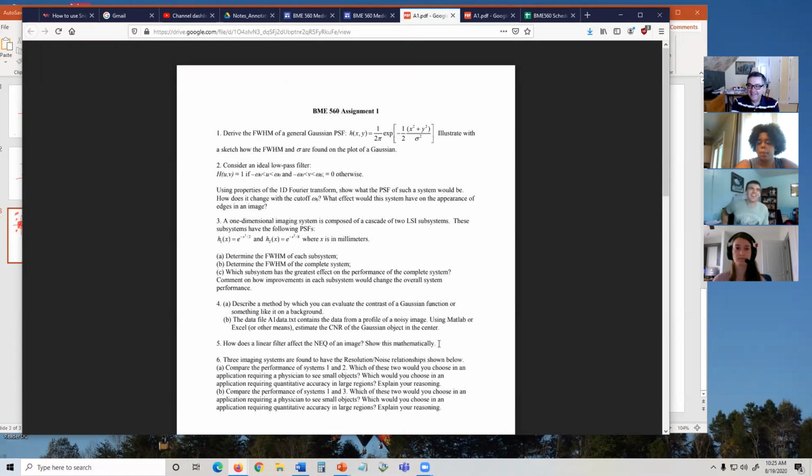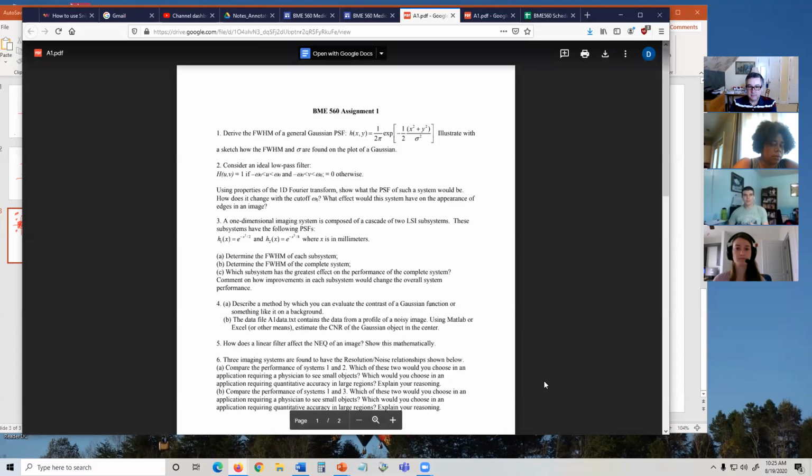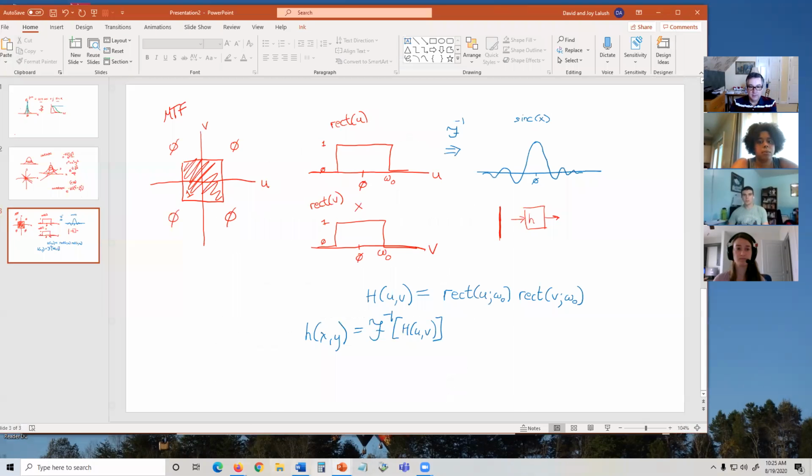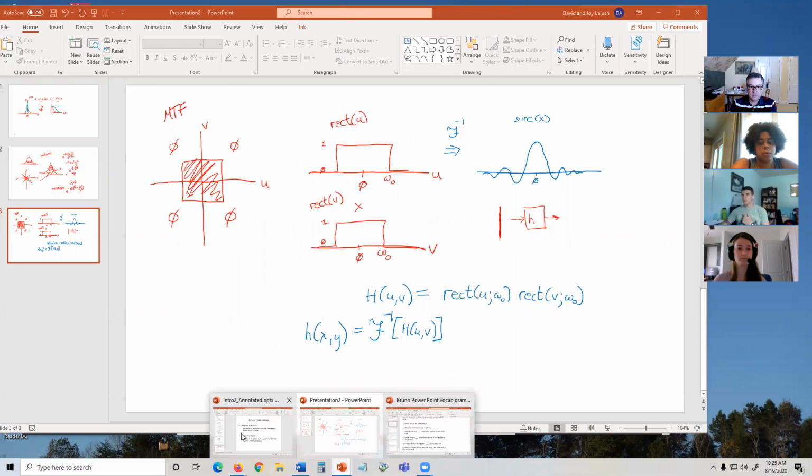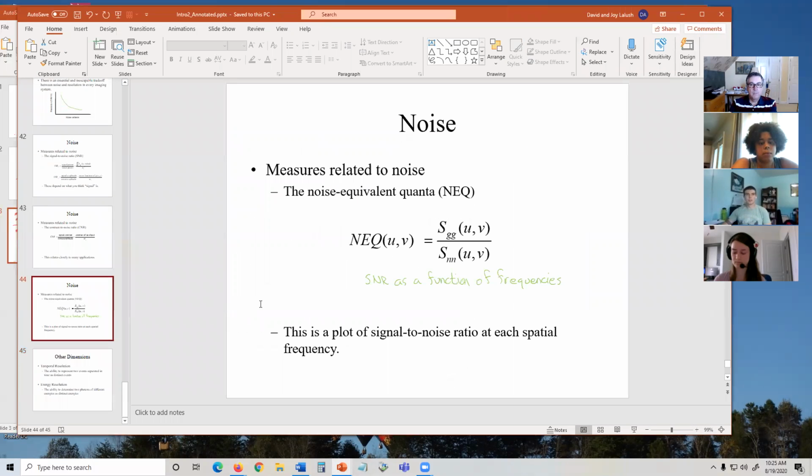In the notes, the NEQ is defined with the H of UV only affecting the signal and not the noise. In this problem, is the linear filter the H of UV, or is that the Q? Let me bring that up. Okay, because this is labeled as G, based on the earlier stuff, SGG would be SFF with an H plus some noise.